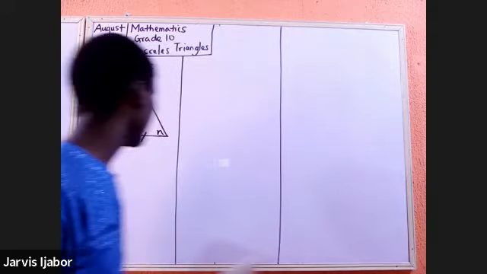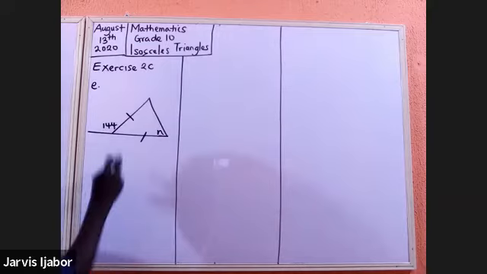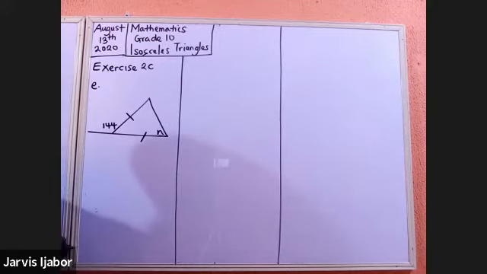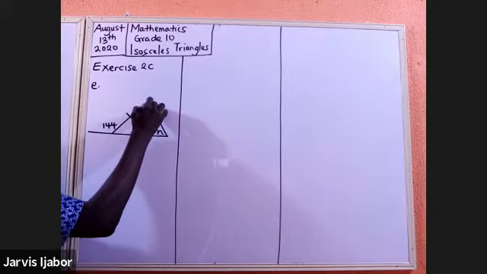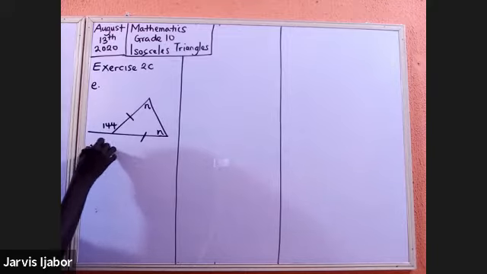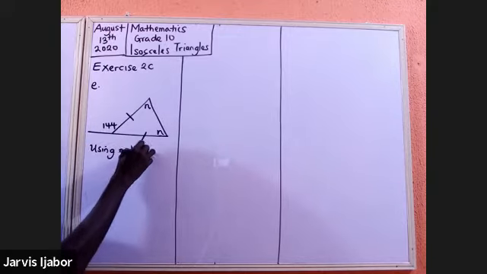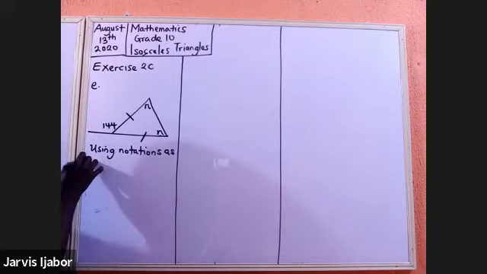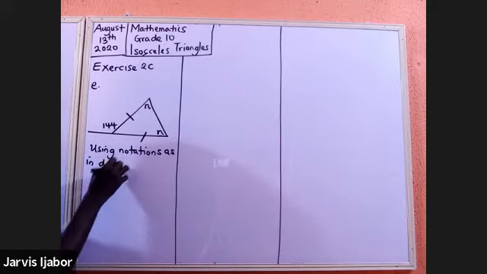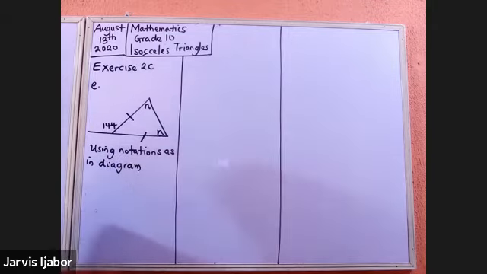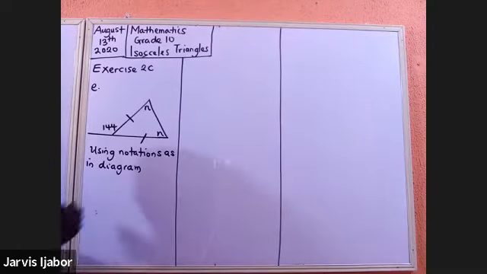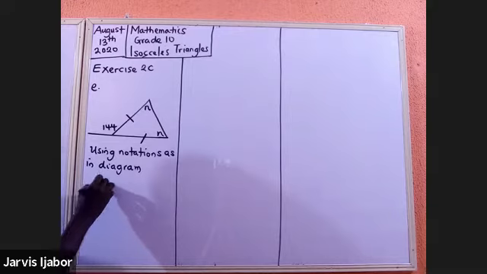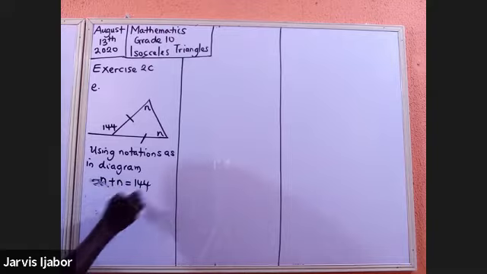So in solving this, we need to get this. That's one option, but you don't even need to get this. Now remember that with this marker here, this will be n also. So using notation as in diagram, you're going to have that n plus n will be equal to 144.